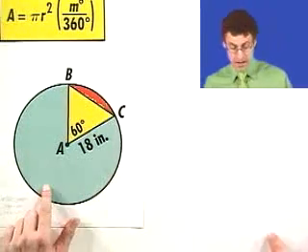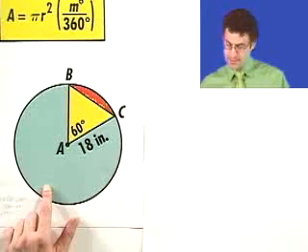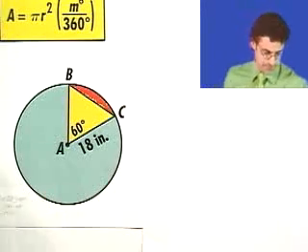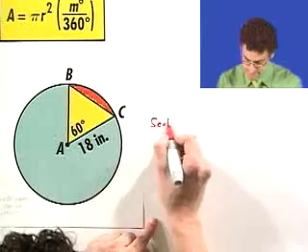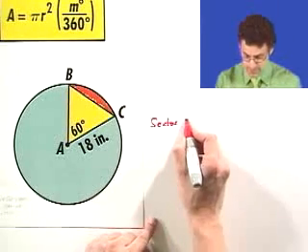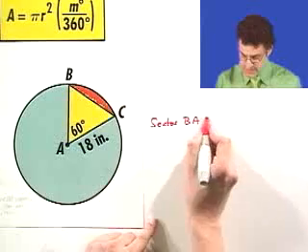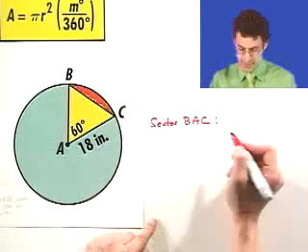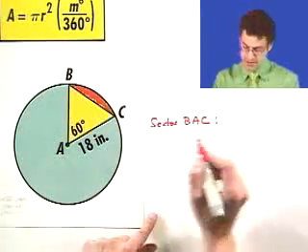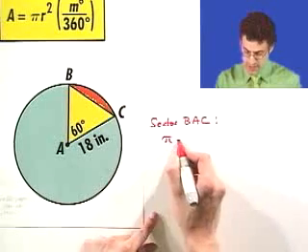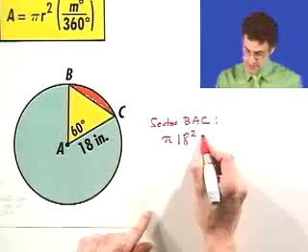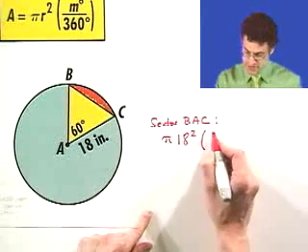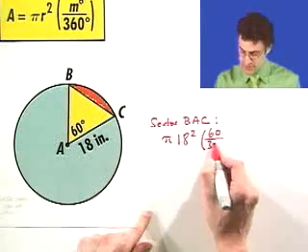Now, the area of the sector, sector BAC, is going to be easy. I just use the formula. So I see pi, r squared is going to be 18 squared, times the appropriate ratio, which is 60 degrees over 360.